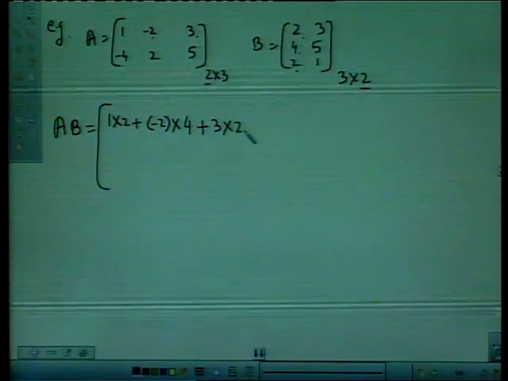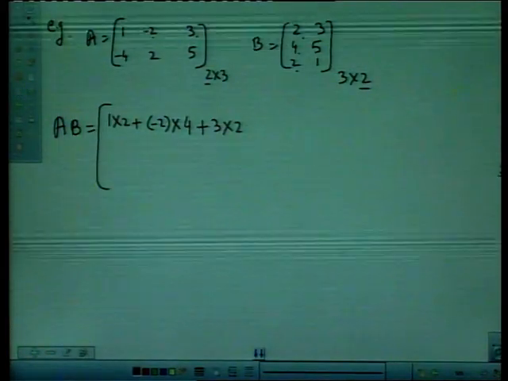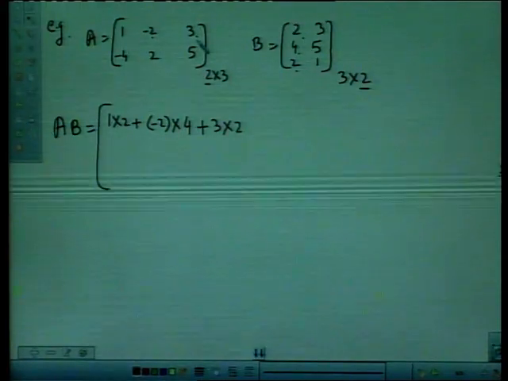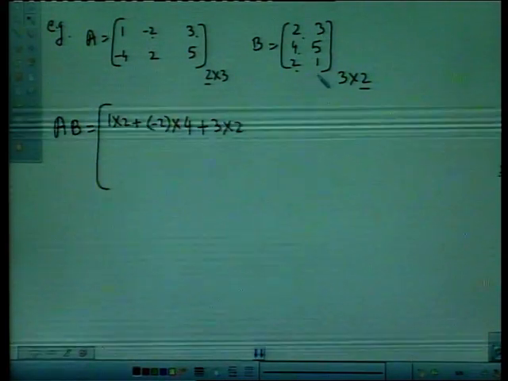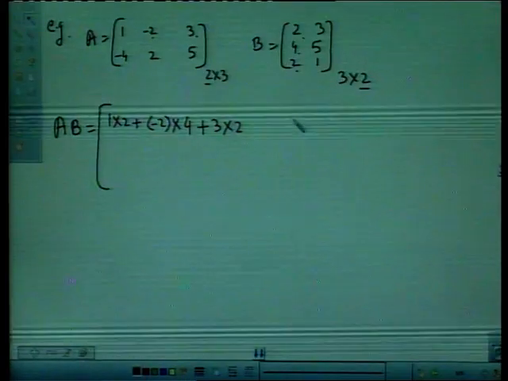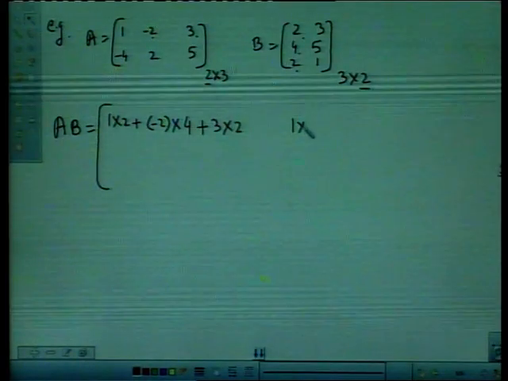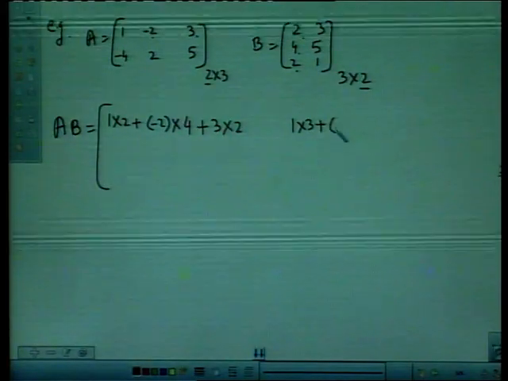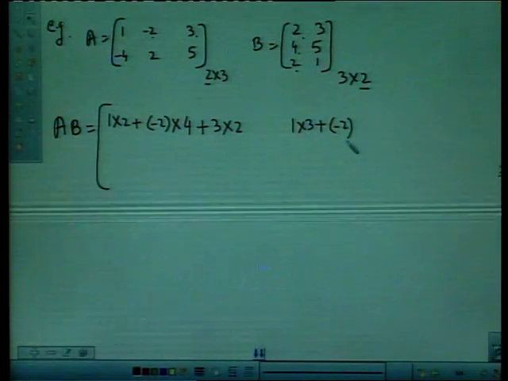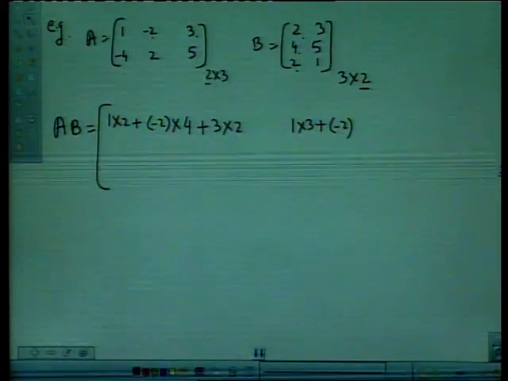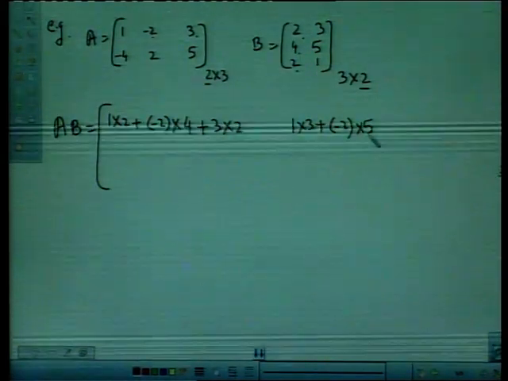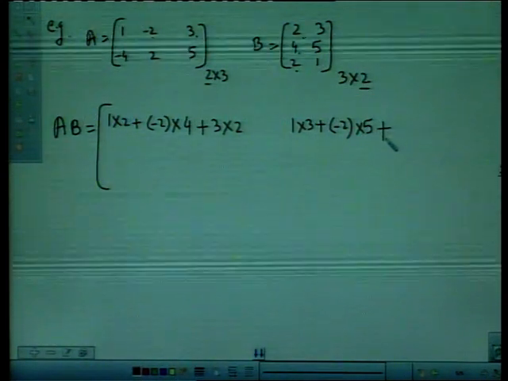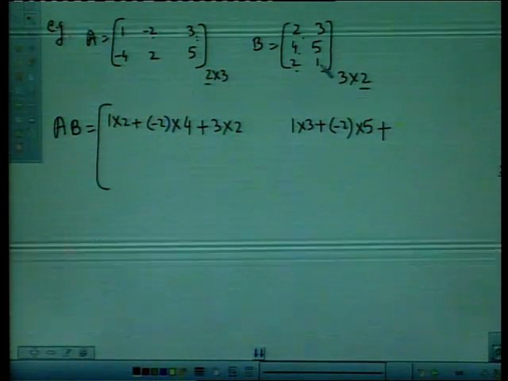Now this is our first element. Next we take the first row and the second column: 1 multiplied by 3, plus -2 multiplied by 5, and 3 multiplied by 1.